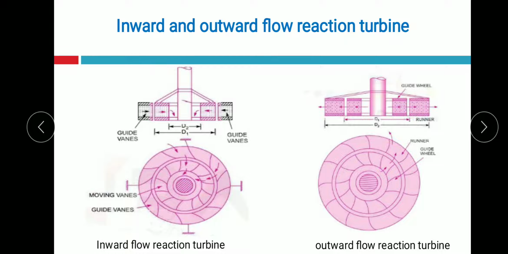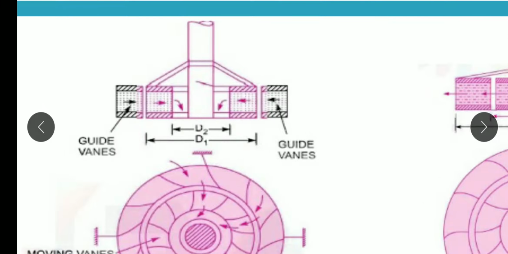Now look at the diagrams for inward and outward flow reaction turbines. The left one comes under the inward flow reaction turbine. In the inward flow reaction turbine, the outer ones are guide vanes. Inside you have the runner. This runner is supported by the guide vanes.